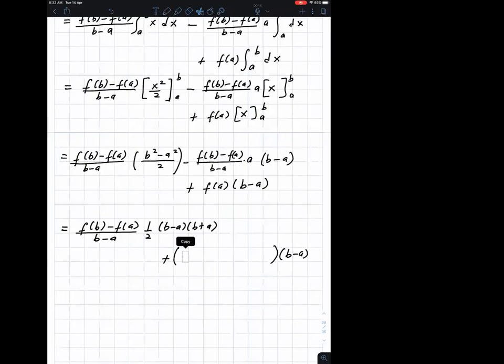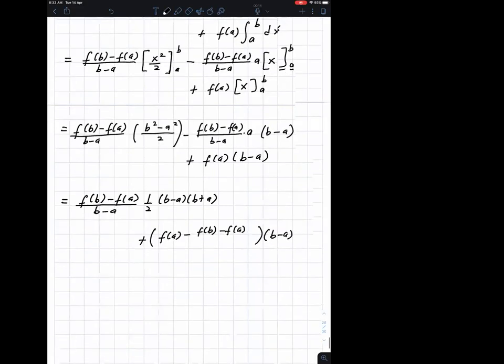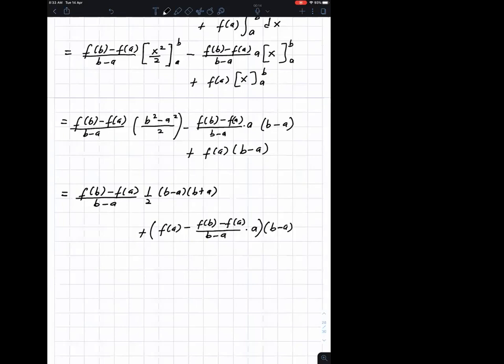You're going to have FA minus FB minus FA divided by B minus A multiplied by A. This part here is this part.